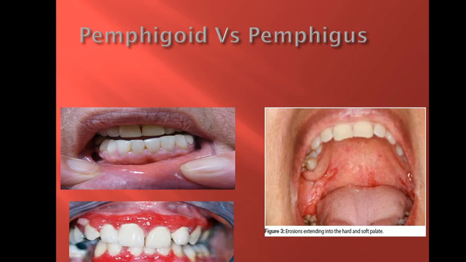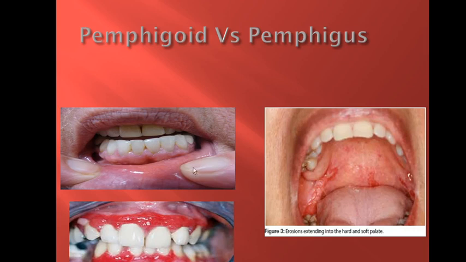Pemphigus affects the outer skin. Here we have pemphigus. It affects the outer skin, the epidermis, and causes lesions and blisters that are easily ruptured, while pemphigoid affects a lower layer of the skin between the epidermis and the dermis, creating tense blisters that do not break easily.